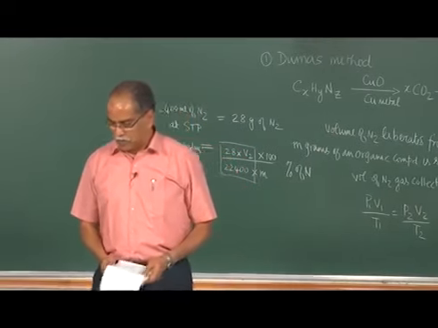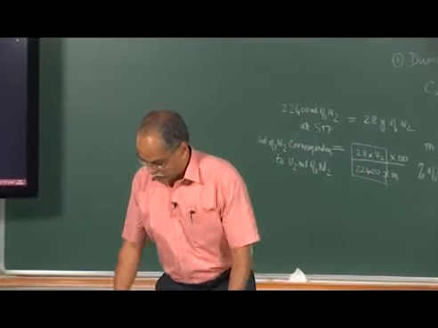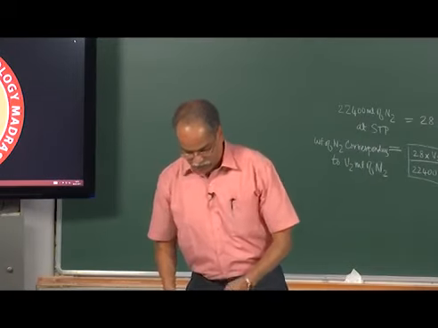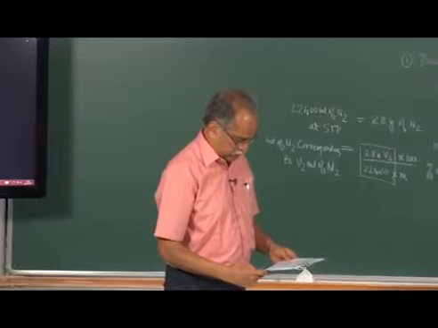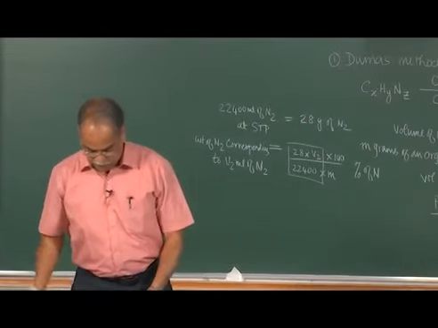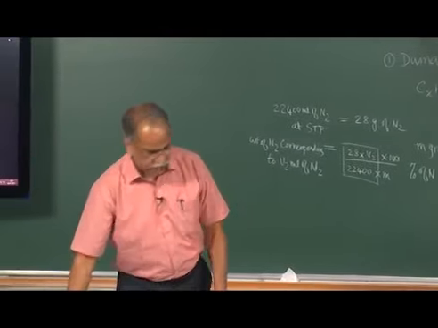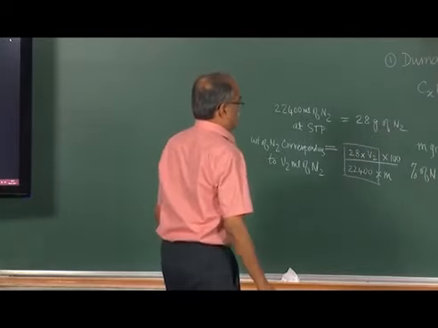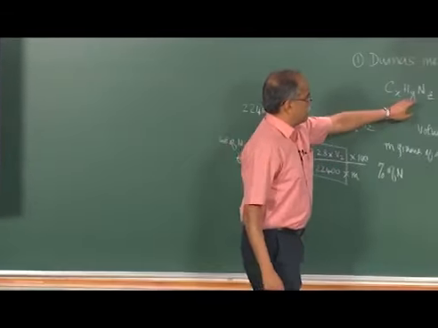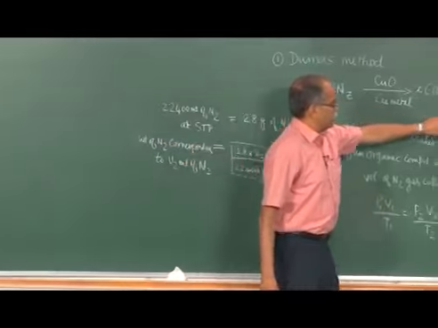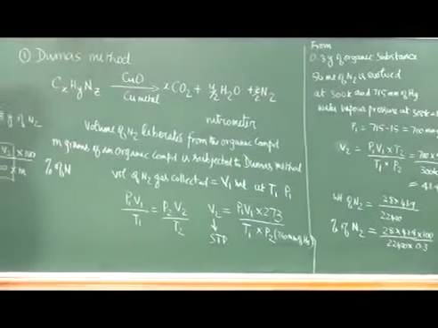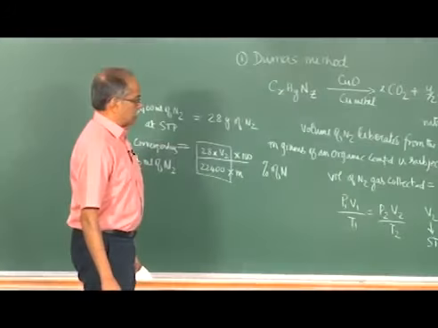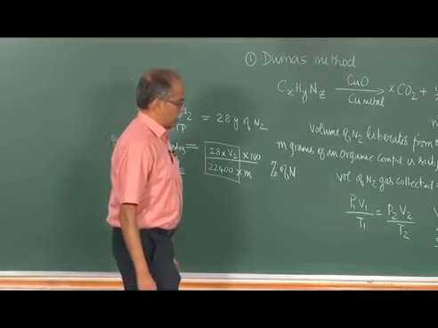This is the methodology used for the estimation of nitrogen using the Dumas method of analysis. So, I hope the basic principle is clear. The nitrogen present in the organic compound is completely converted into N2 nitrogen gas, and the volume of gas measured at a particular temperature and pressure is converted into standard temperature and pressure.